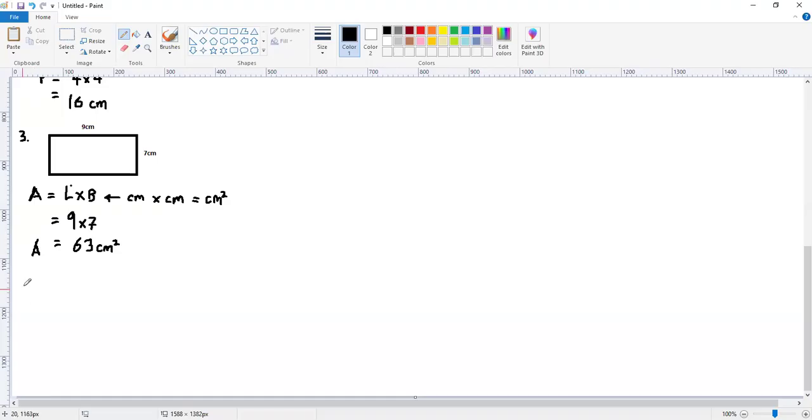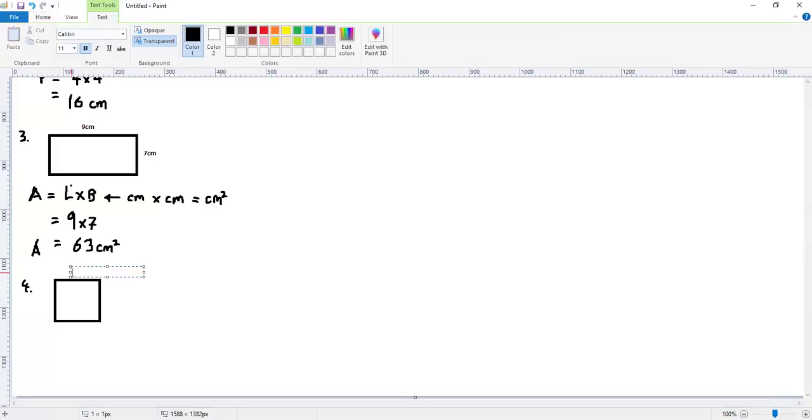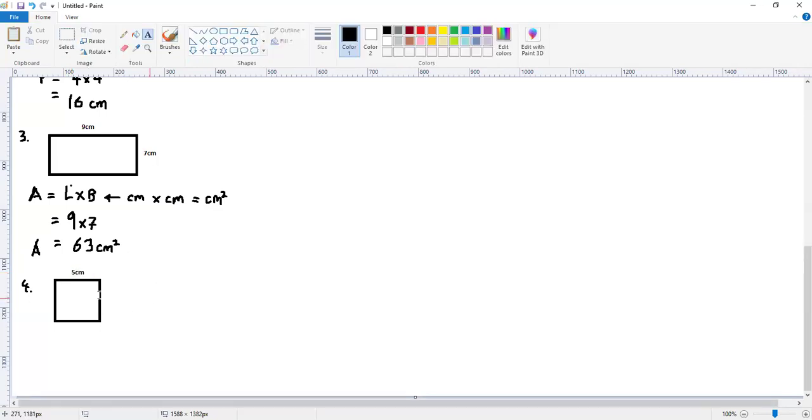Okay. So let's go ahead and quickly do one for the square. Let me draw a square. So let's pretend this is our square, and our square has equal sides. So I'm only going to put the dimension of one side. We already know that all the sides of a square are equal, so there's no need for us to start writing 5 all over. We know that each side is equal to 5.